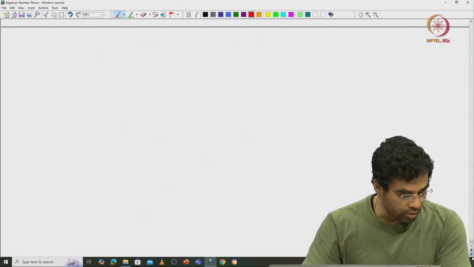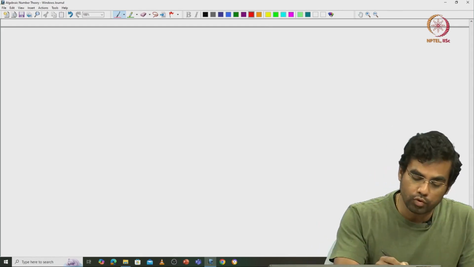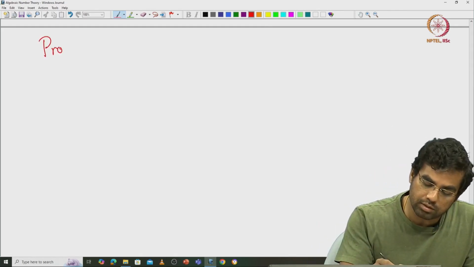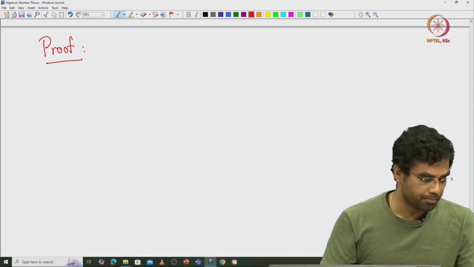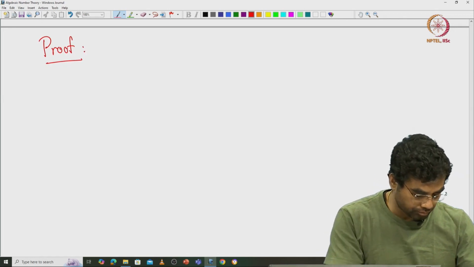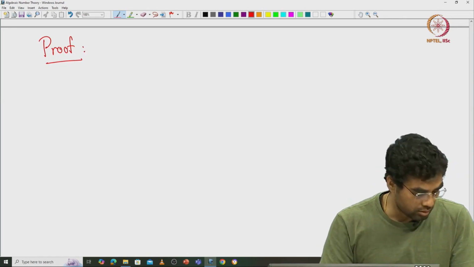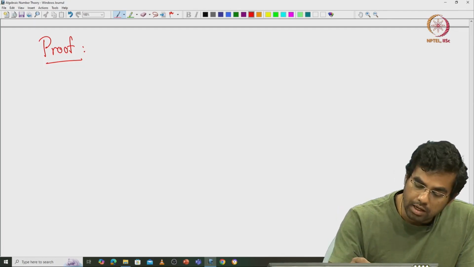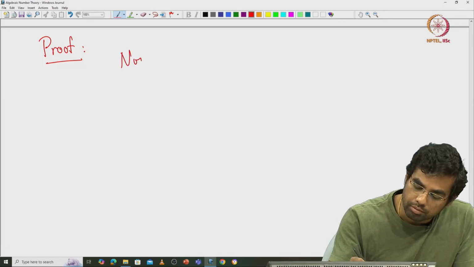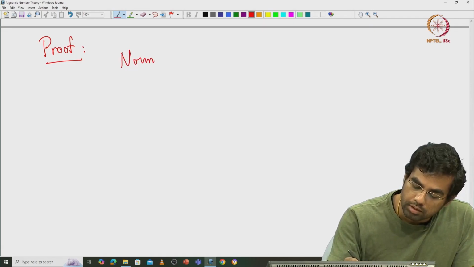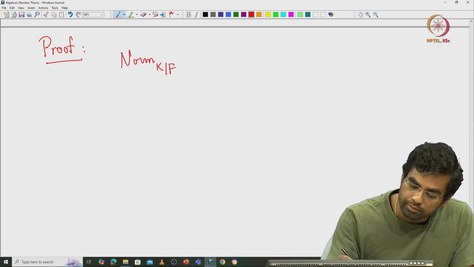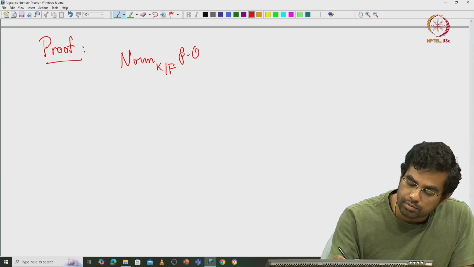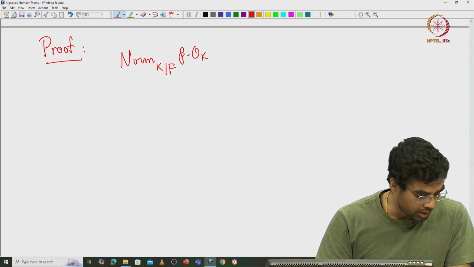So, how do we prove this? The proof is easy, but this is an extremely useful statement about factorization. The idea is to take the norm from K to F of P times O_K.